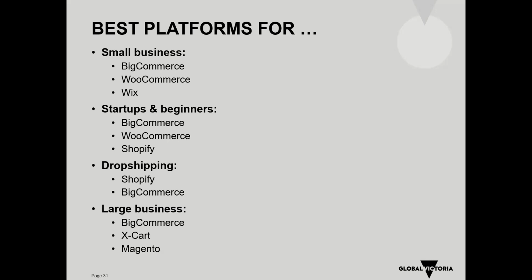If you're a big business and you have a really complex range of products, BigCommerce, X-Cart, and Magento. And some of these, so Magento, for example, which we haven't covered today, simply in the interests of time, is one of those that is used by a number of large companies, and amongst others, it's used by Tesla.